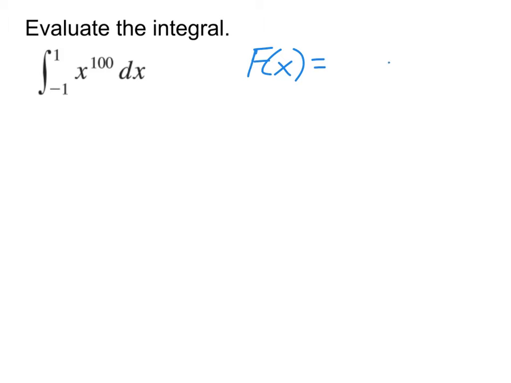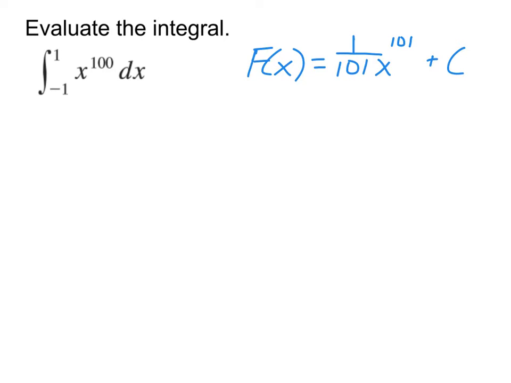I'm using the power rule in reverse, so that's going to be x to the power of 101. But remember, I then have to multiply that by the reciprocal of that exponent, so that's 1 over 101. So I have 1 over 101 times x to the 101. And then this is the antiderivative, so we generally put a plus c there.